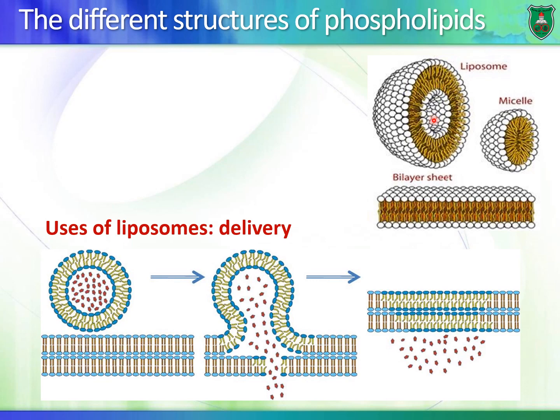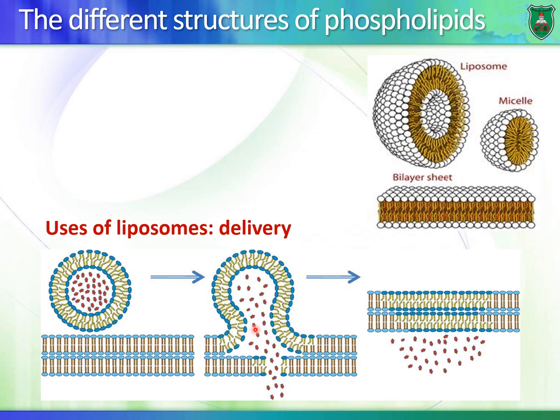Now, what's important about liposomes, by the way, is that they can be used in delivery of other molecules that are hydrophilic or ionic. So the idea is that we can enclose these molecules inside a liposome. And when we add the liposome to cells, this liposome can integrate itself. It fuses with the plasma membrane.